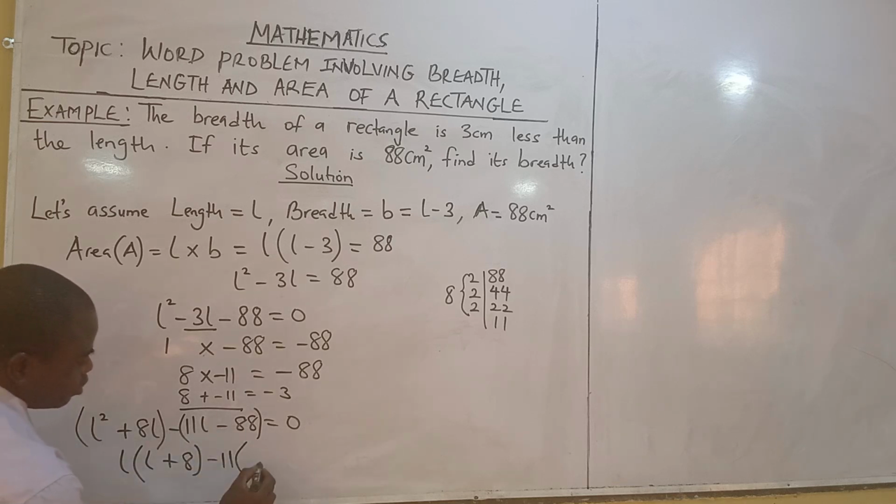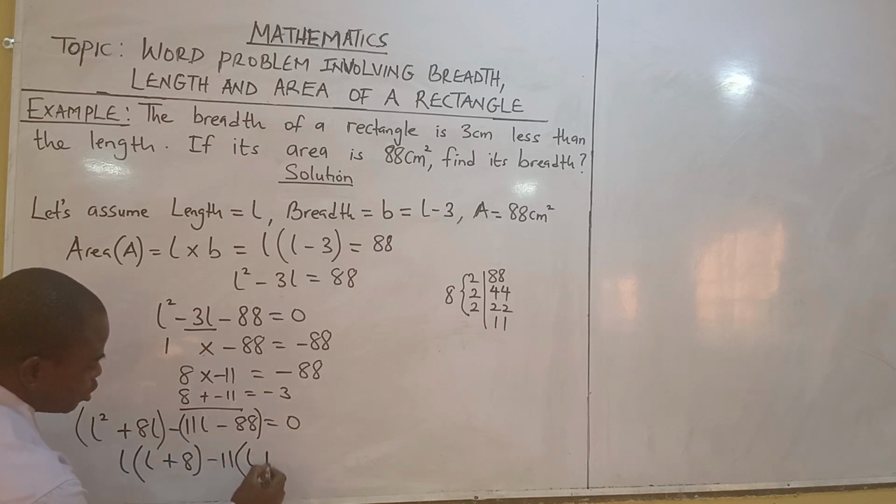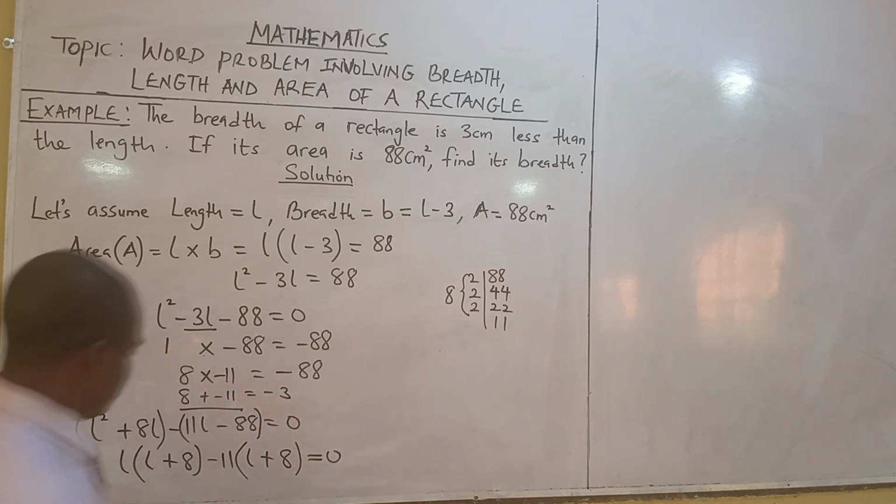Now negative and negative turn to positive. 11 goes in 11, it will remain only L. And the negative will cancel this negative, negative and negative will turn to positive. 11 goes in 88, that's 8, equals 0.